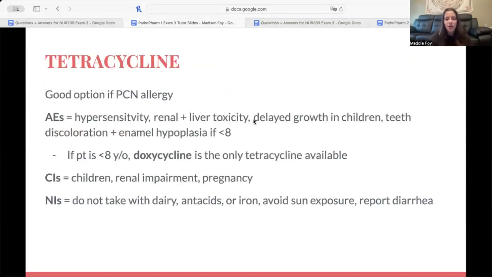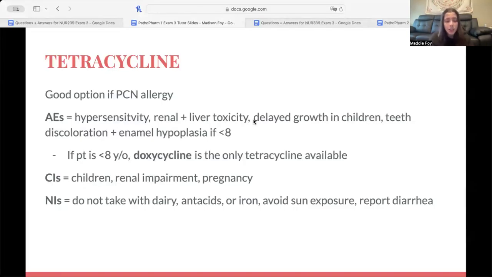Okay, so moving on to our next one is tetracycline. This is that T in teach for options with PCN allergies. Adverse effects again is that hypersensitivity, and then there's also a risk for renal and liver toxicity. And the unique one with tetracycline is delayed growth in children, as well as teeth discoloration and enamel hypoplasia if under 8 years of age.